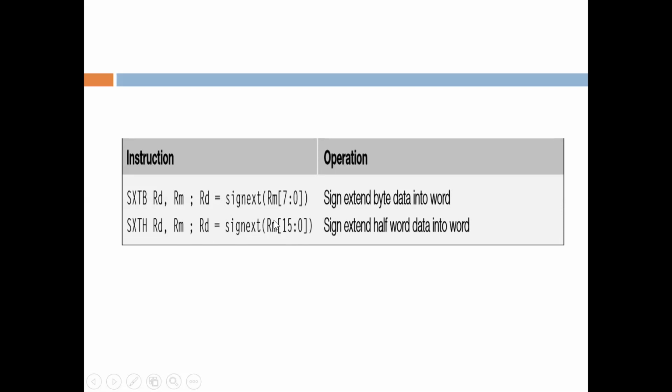That is from 16 to 31 bit, whatever the bit value you have at 15th bit, the same will be copied and it will be extended. The resultant will be stored back in register Rd. Now, these are the two instructions for sign extensions. Sign extension byte, sign extension half word.